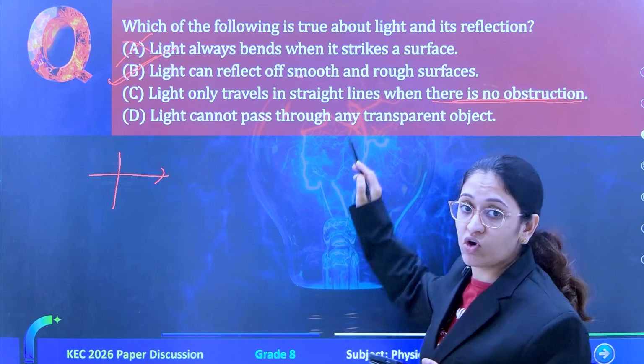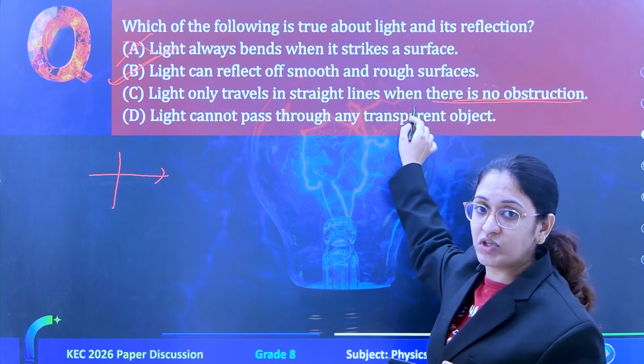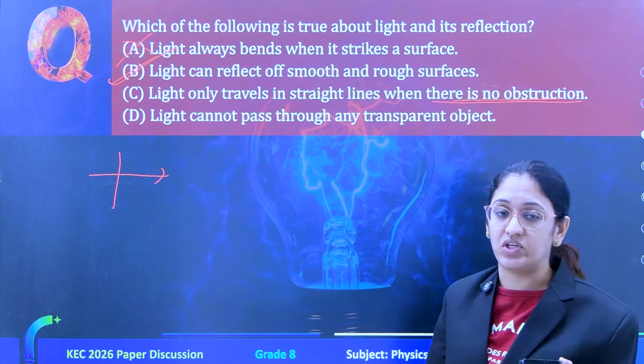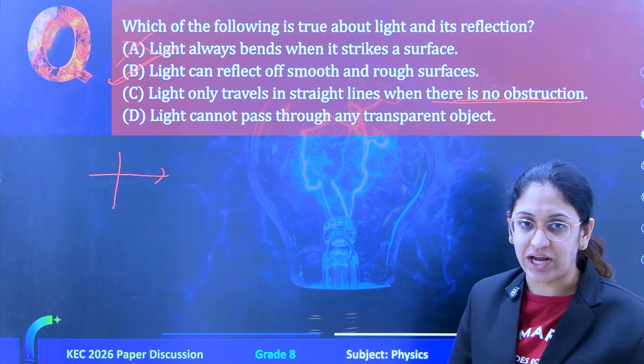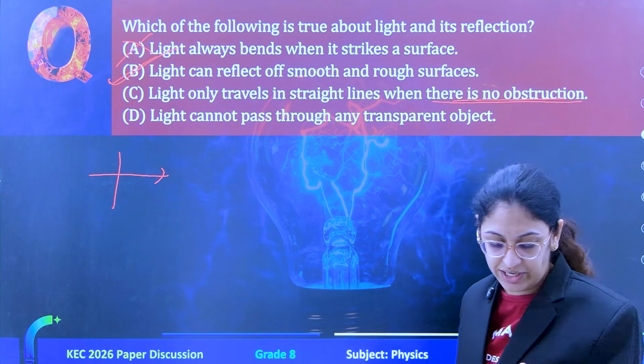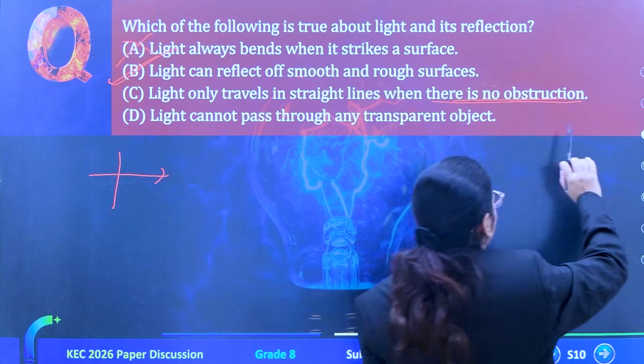It is. But this statement says that only when there is no obstruction does light travel in a straight line. But this is wrong. Light travels in a straight line whether there is an obstruction or not. The most appropriate answer is option B.